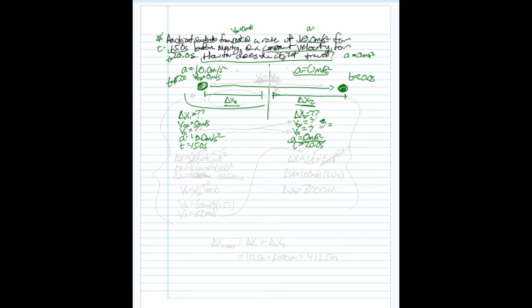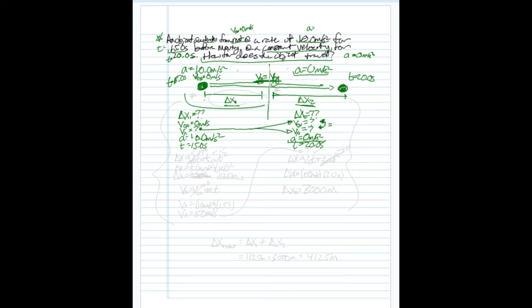Also, when the object is accelerating through this motion, it will speed up to some final velocity. Then it stops accelerating and continues on at a constant velocity. The final velocity for the first section will be equal to the initial velocity for the second section. So if I can find what this is, that would be the same as those two velocities.